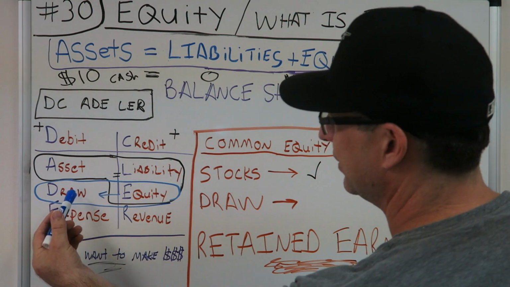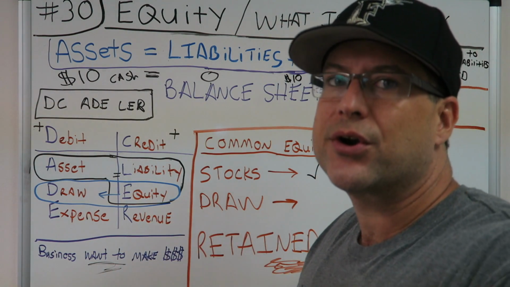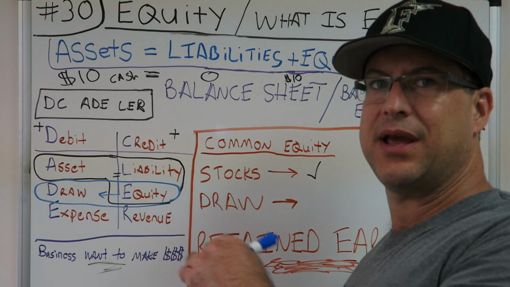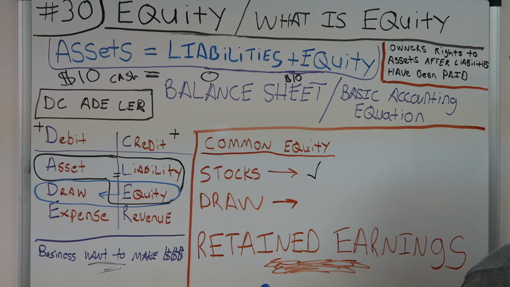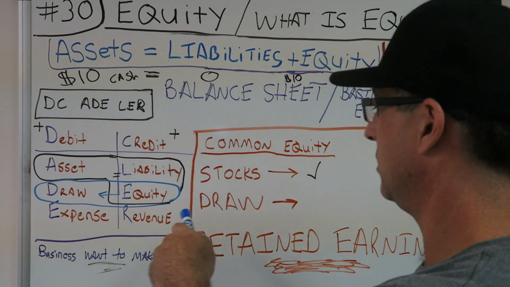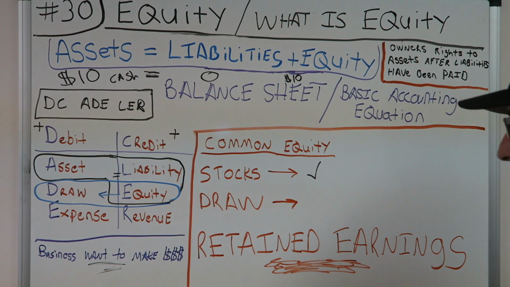That's why I switched it over here, because for a beginner, a journal entry with a negative equity doesn't really make sense. So a common equity item is a draw, a shareholder distribution, or a dividend.